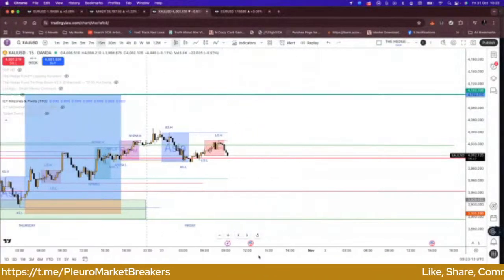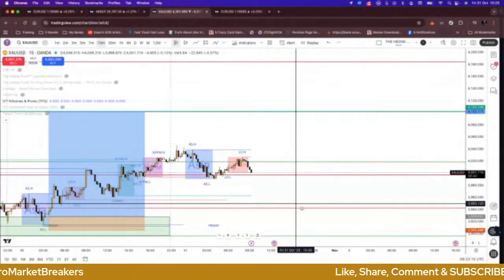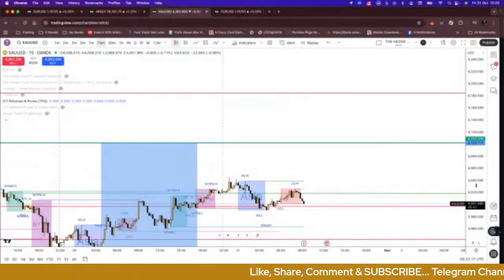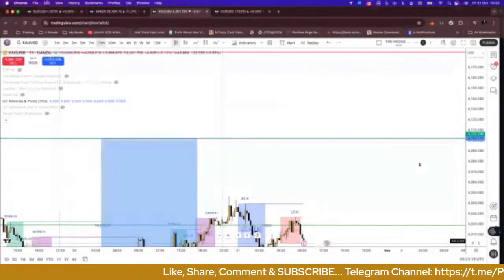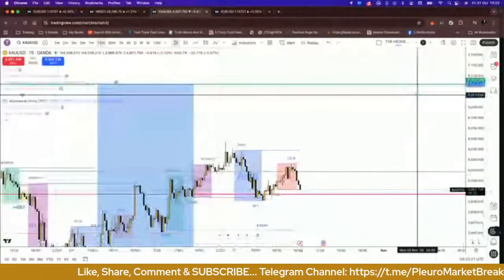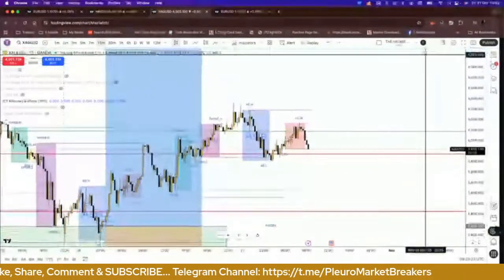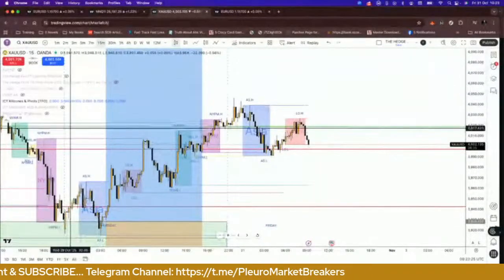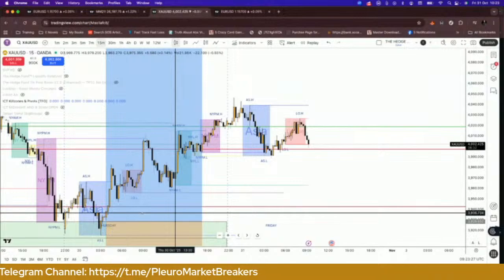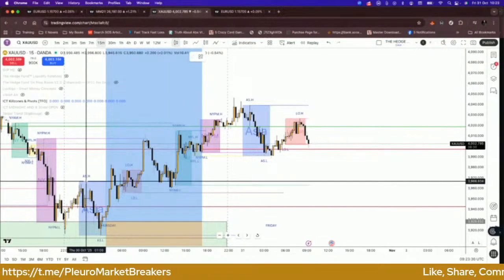Well, if this is going to reload to the upside, again, we're dealing with the higher time frame bias of bullish here. If that's going to reload to the upside, so this was the handle point.